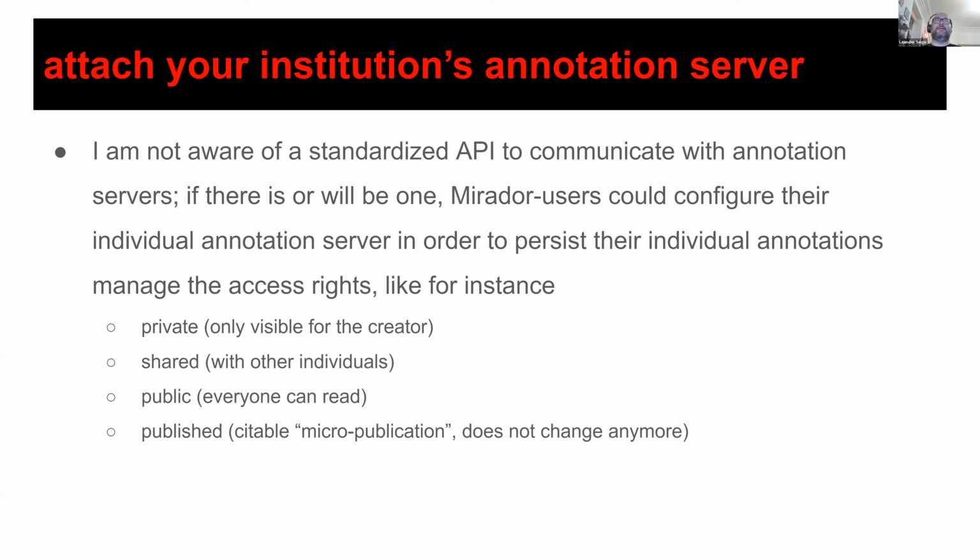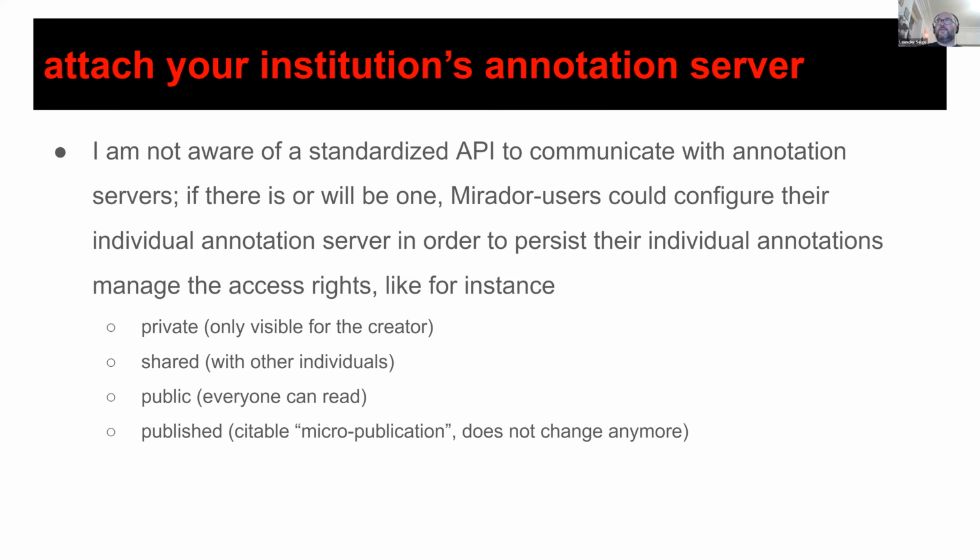But if there would be such an API, then it could be possible to provide users with a configuration option in Mirador, so they can attach and detach their Mirador to and from different annotation stores.